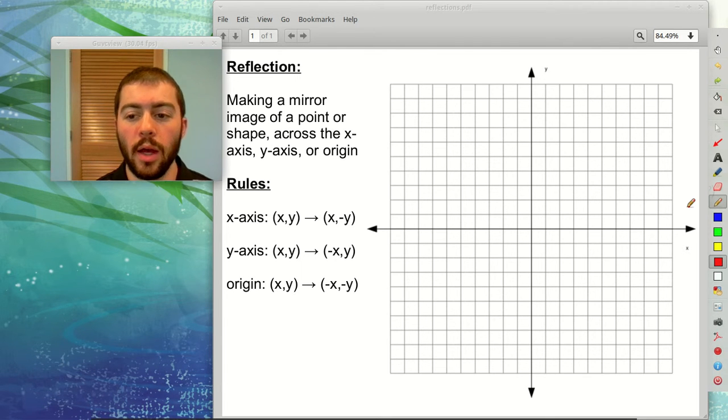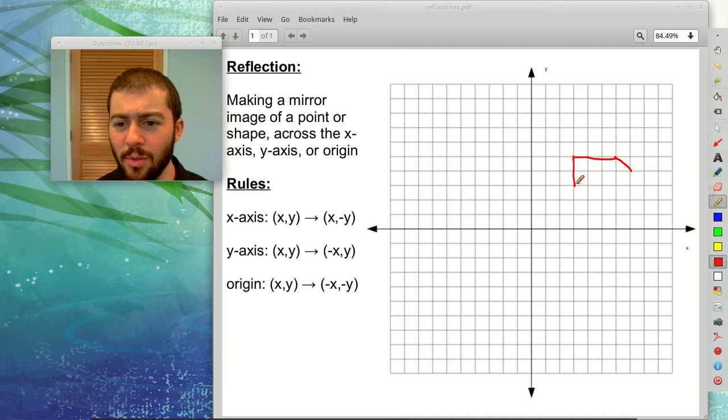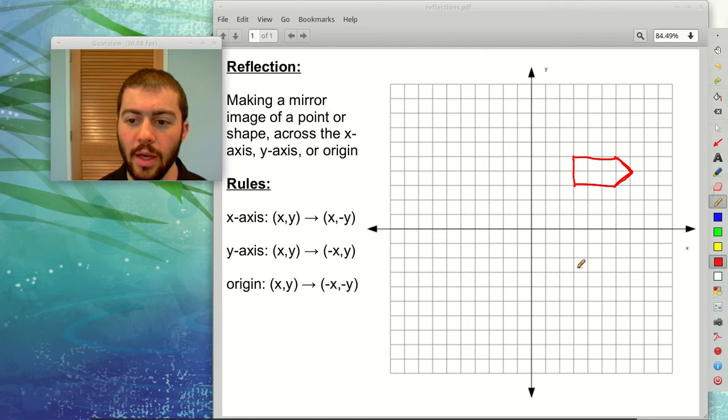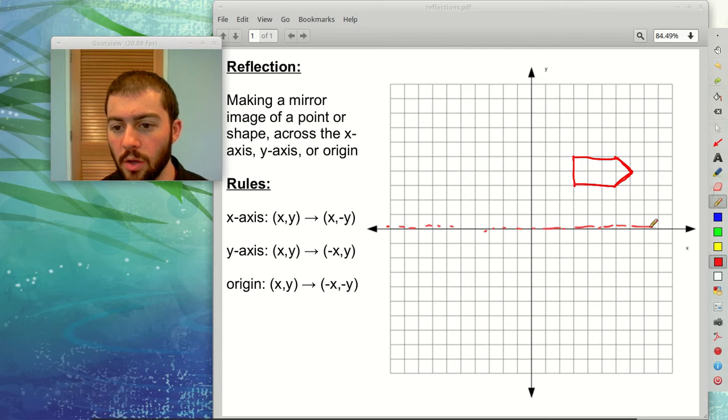All right, so for example, if we were to take, let's say, a rectangle, or maybe a little weird pentagon like this, and reflect it across the x-axis, we would be using our x-axis as our mirror image line.